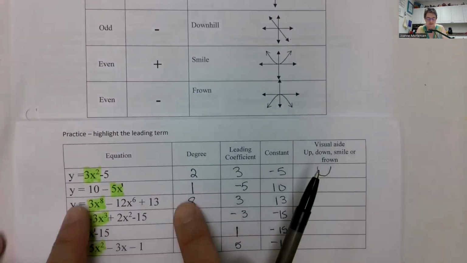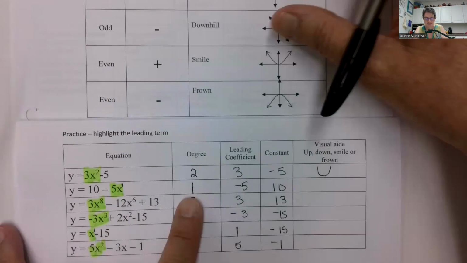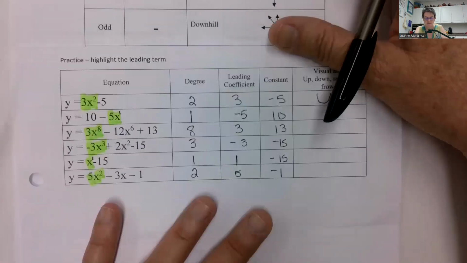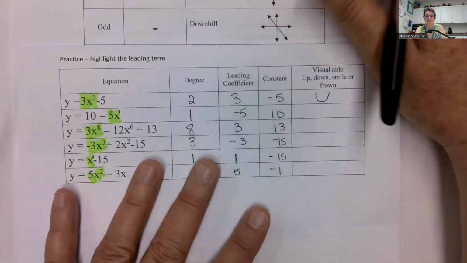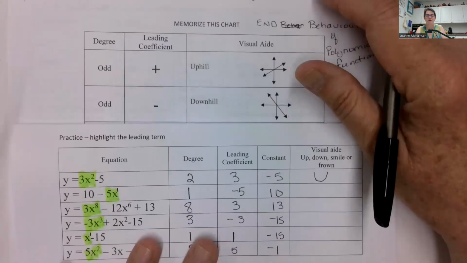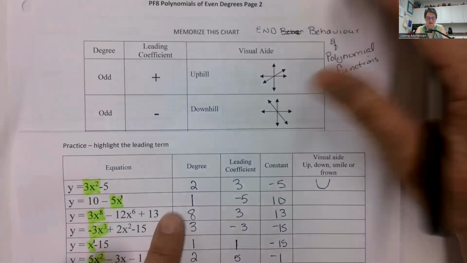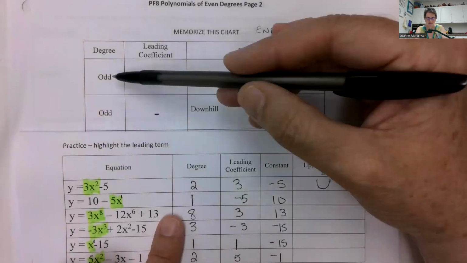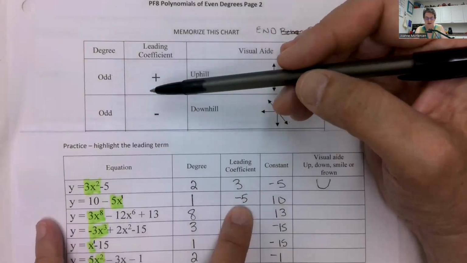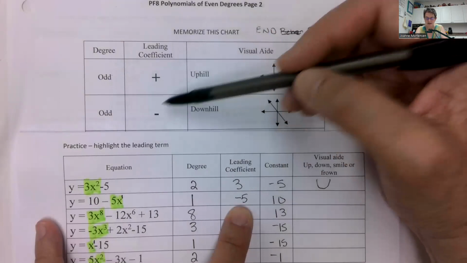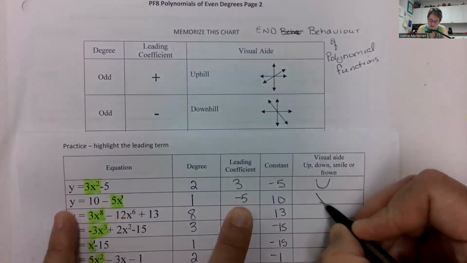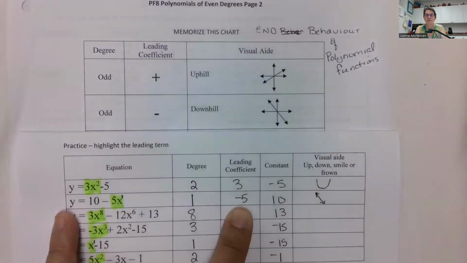All right, so number 2, degree is 1, so it's odd, and the leading coefficient is 5, which is negative. So it's downhill. That's all it is.